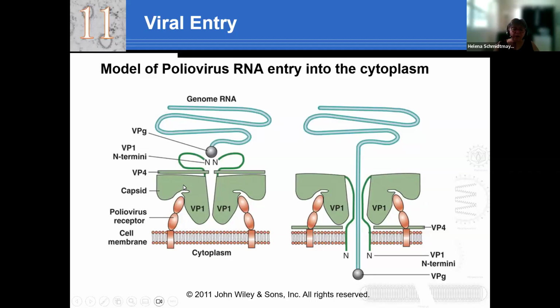So you recall there are these canyons around those fivefold axes, those pentamers, and the receptor interacts with this canyon.